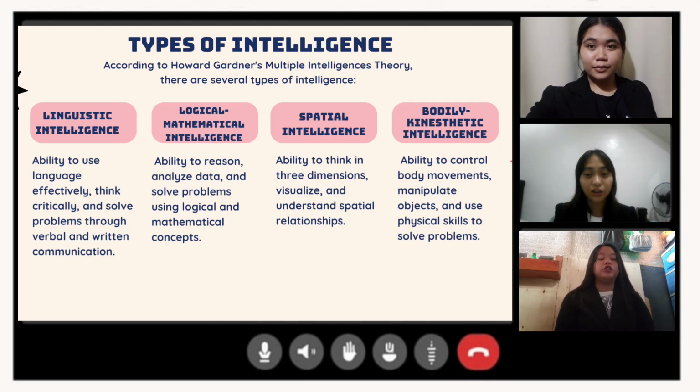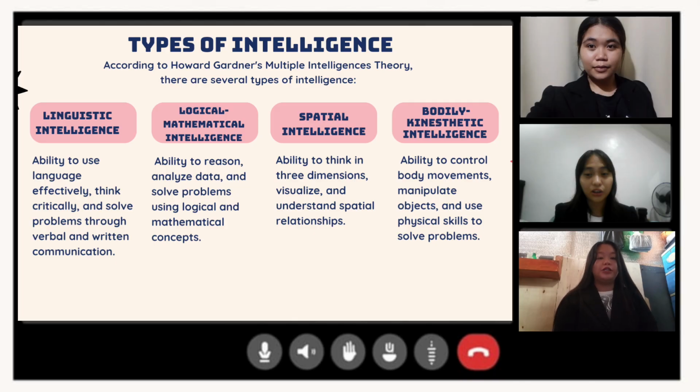The second is logical-mathematical intelligence, the ability to reason, think logically, analyze patterns, and solve problems using numbers or logical thinking. For example, a mathematician, computer programmer, or scientist who works with data, formulas, and logical systems to find solutions.